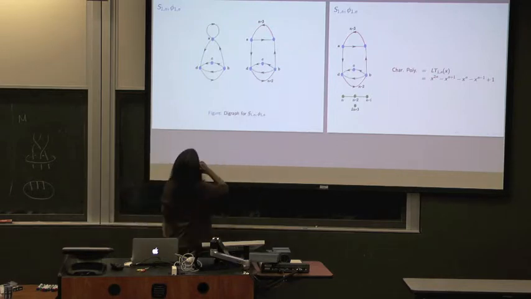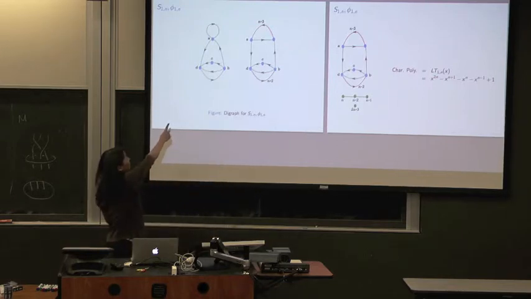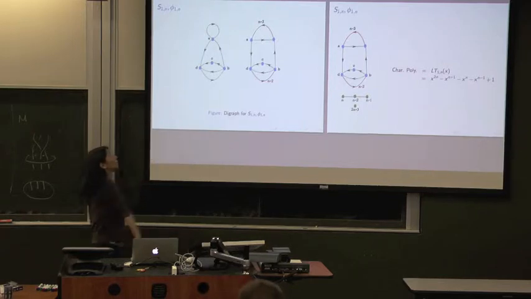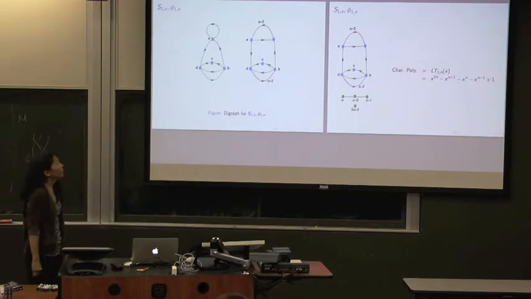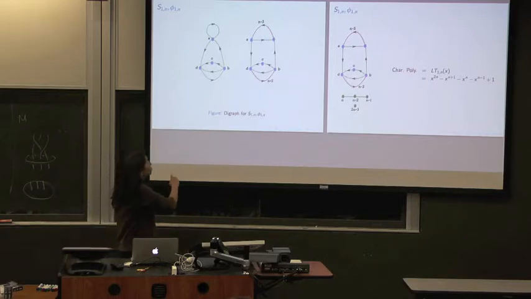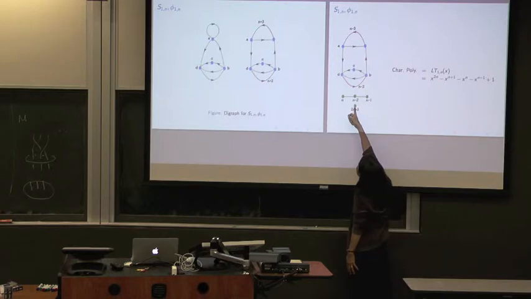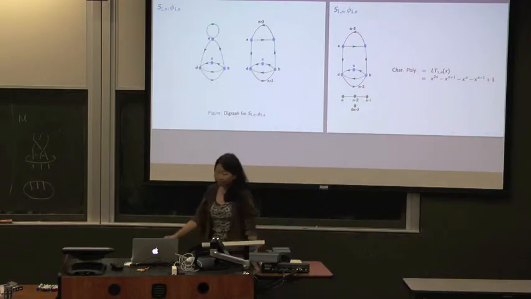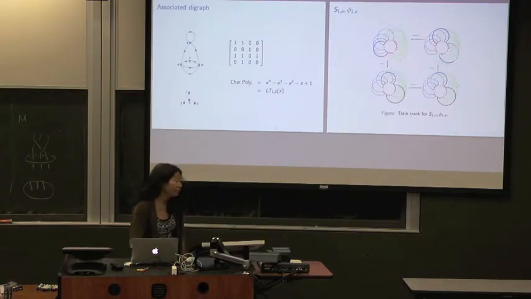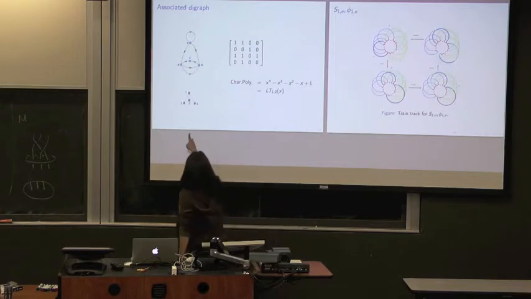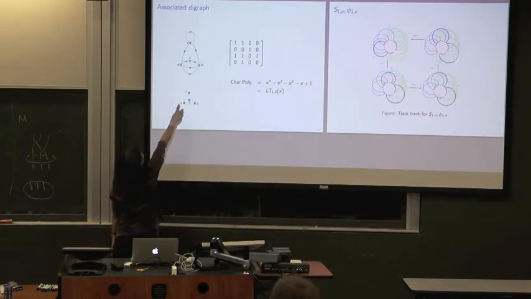Okay, so if you have a directed graph, then a cycle is just a closed loop on the graph. And so for each closed loop, you put a vertex. So here, this is an example. There's a closed loop.